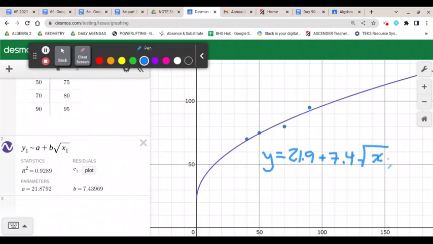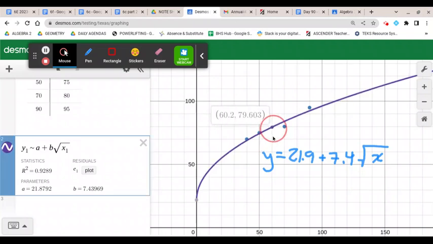Okay, so now what we can do is we can go into this formula right here, plug in any X value that we want, and see what the thing would curve up to. All right, so let's say hypothetically, even though we only have these 4 data points, if we look at the line of best fit, let's say somebody gets a 60 on a test, right? Well, we could go to our X value of 60.